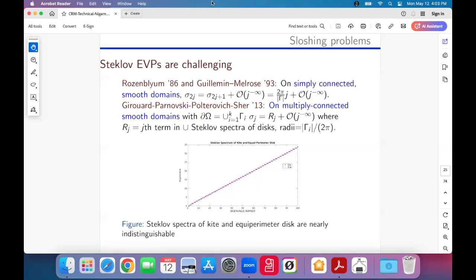So if you were trying to do the inverse problem, and I showed you that spectrum, you can't tell me which one of those belongs to the disk and which one belongs to the kite-shaped domain. And if you were using a bad method to compute eigenvalues, you really can't tell the difference. So you need very high accuracy, and that's one of the reasons why I think boundary-based methods are great here.